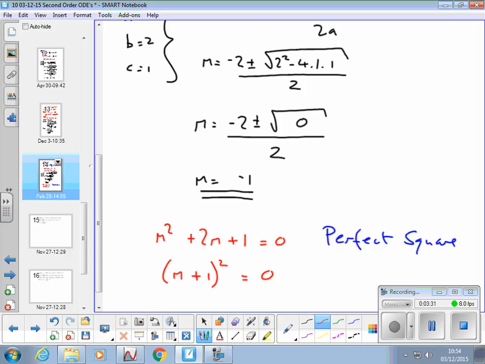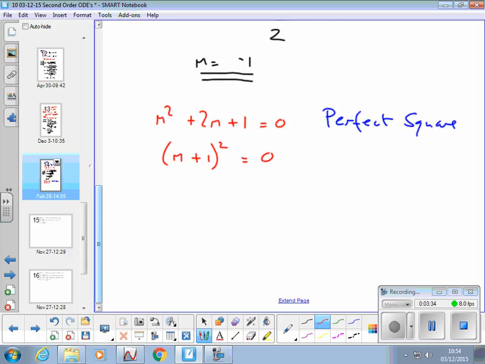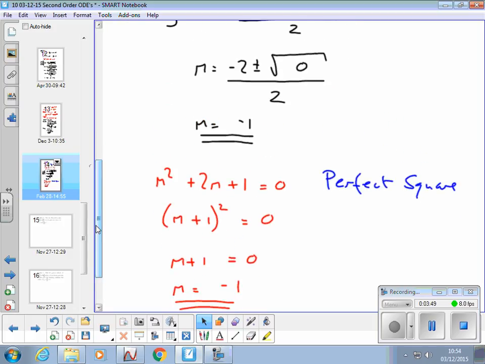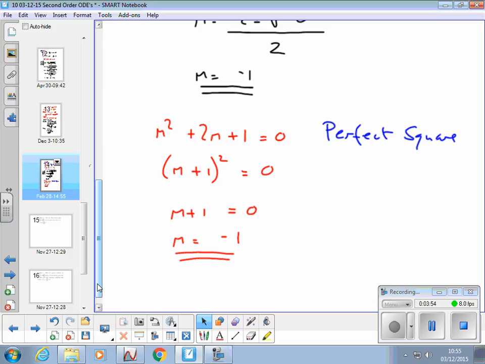Then square root both sides: m plus 1 equals 0, and m equals minus 1. So you can get to that solution much more quickly if you recognise it's a perfect square. However, even if you don't, you go through the quadratic formula, it will come out because the square root will be 0, and then you'll see it. So the point is we now have just one solution, m equals minus 1.